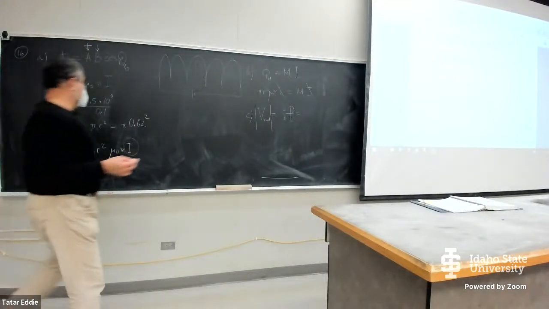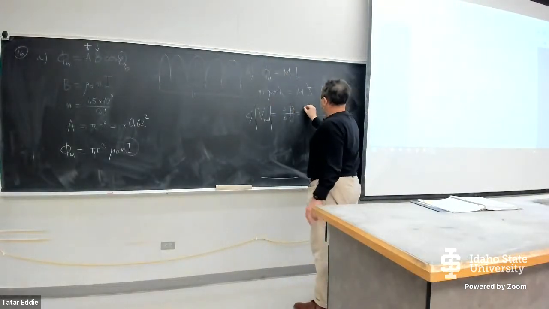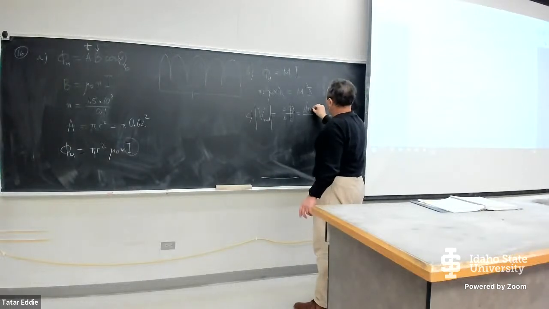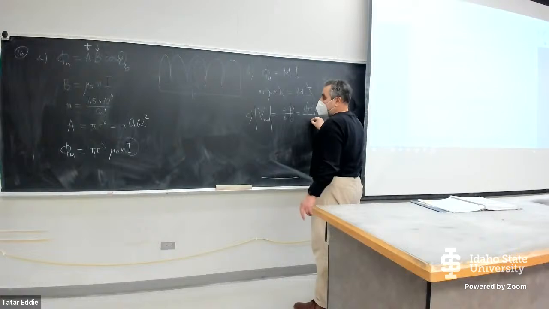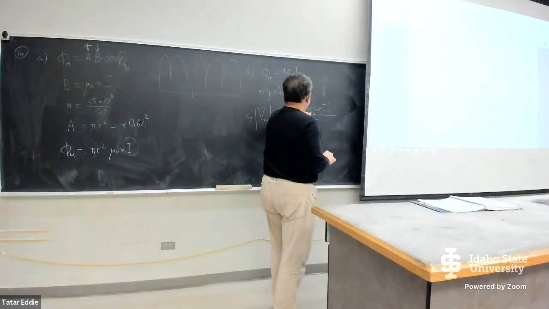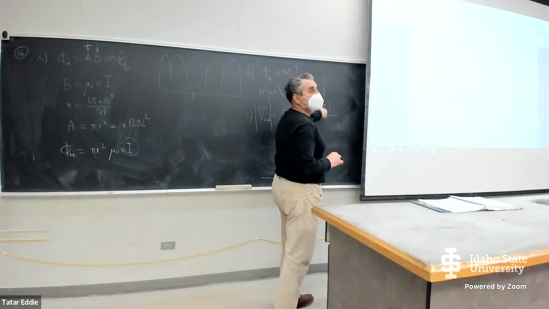So you write delta of whatever we had, pi r squared mu naught times n times current, divided by the time interval delta t. So pi is constant, r squared is constant, mu naught is constant, n is constant.